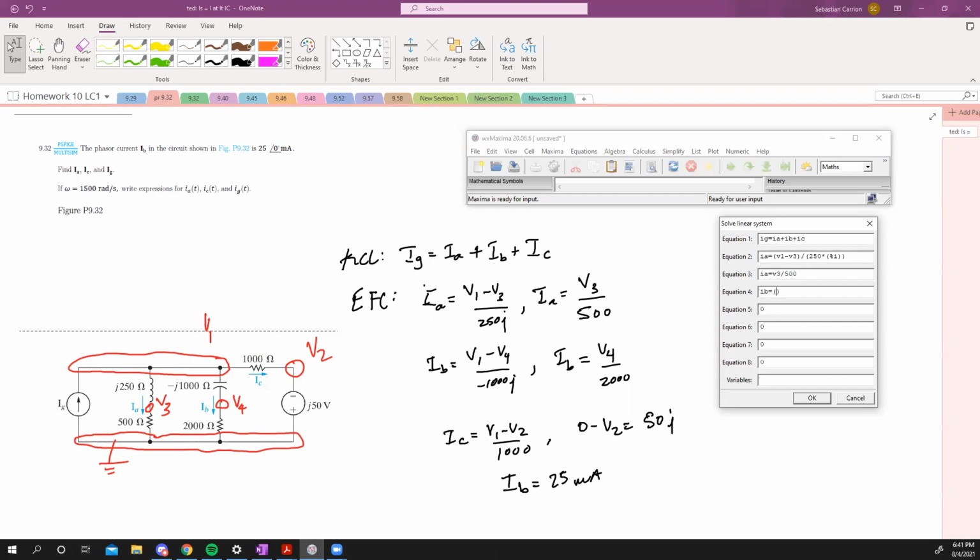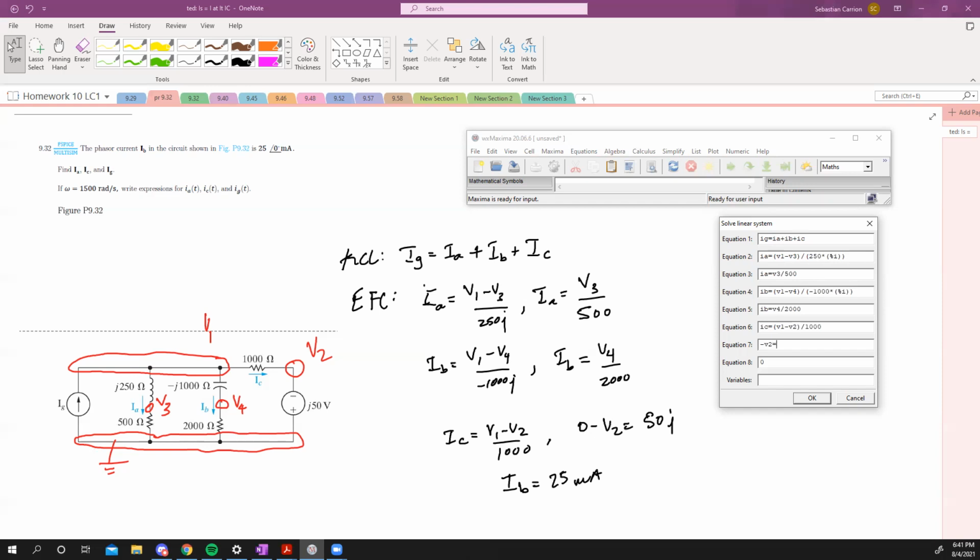IB equals V1 minus V4 over negative 1000J, equals V4 over 2000, equals V1 minus V2 over 1000.